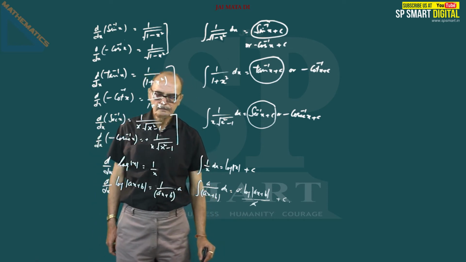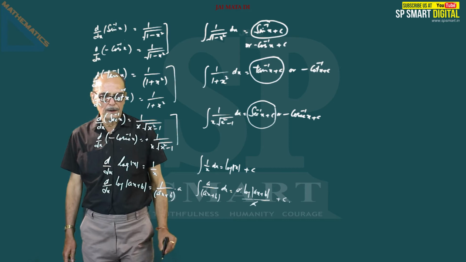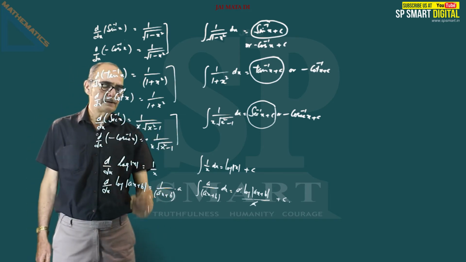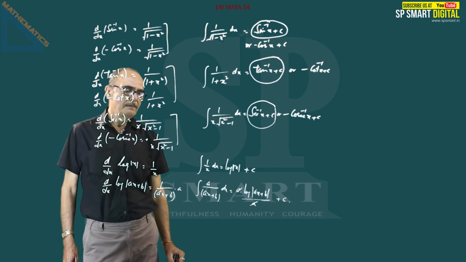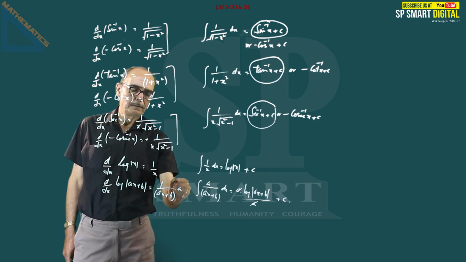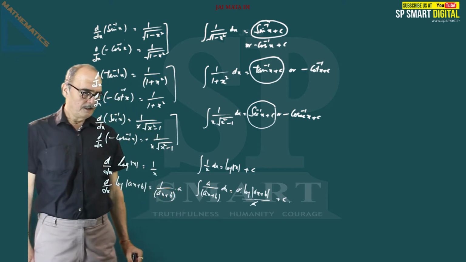Otherwise, if we look towards log of ax plus b, its derivative is 1 upon ax plus b multiplied by a.